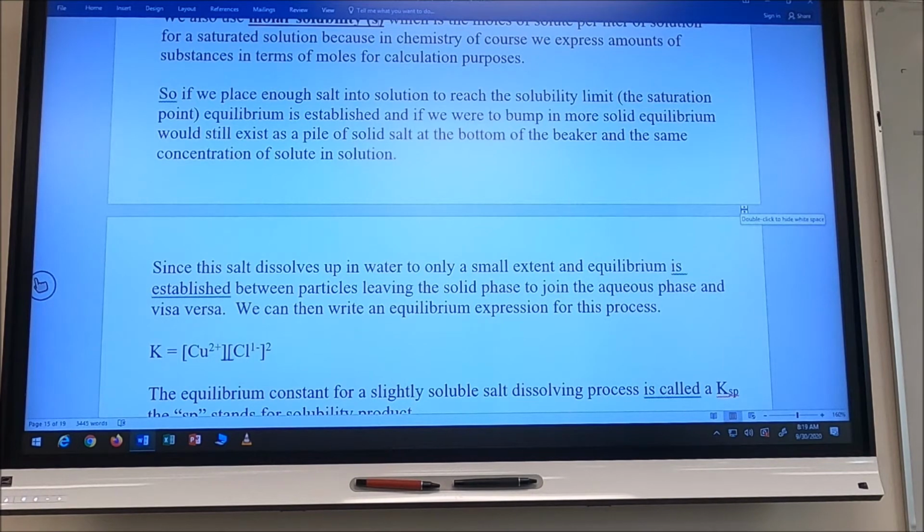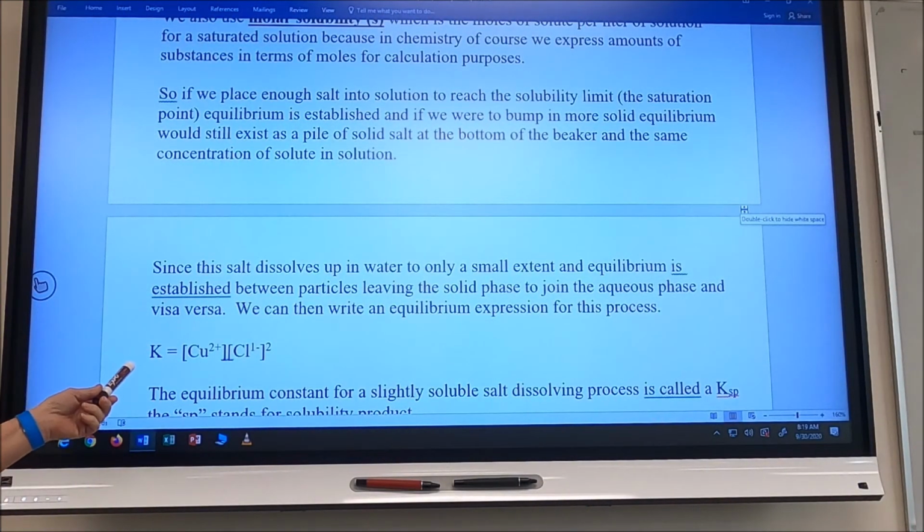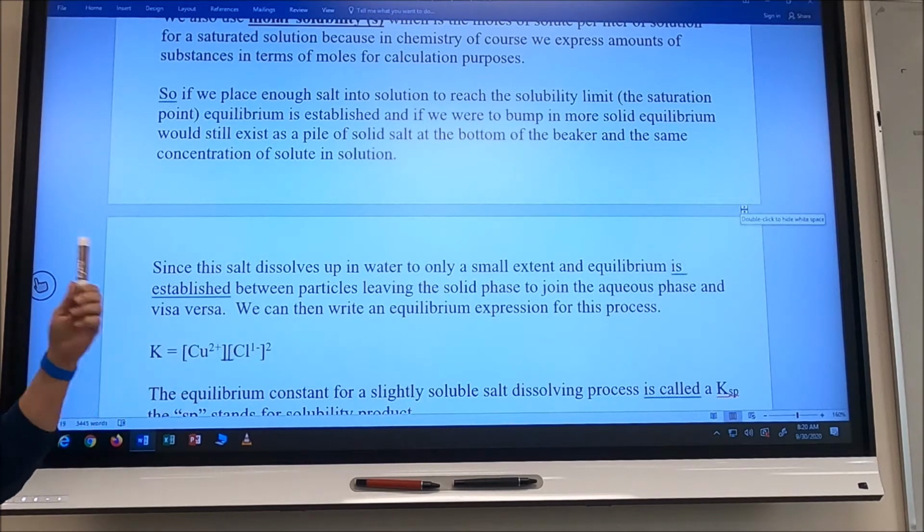Because there is an equilibrium that can be established, this process of dissolving a salt in water can have an equilibrium expression. For the dissolving process of copper(II) chloride in water, the equilibrium constant would equal the concentration of Cu2+ at equilibrium times the concentration of chloride ion at equilibrium squared.